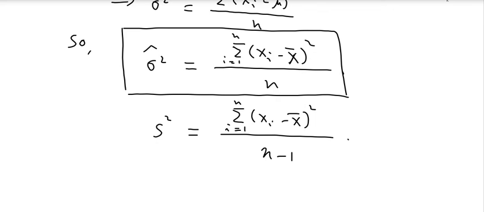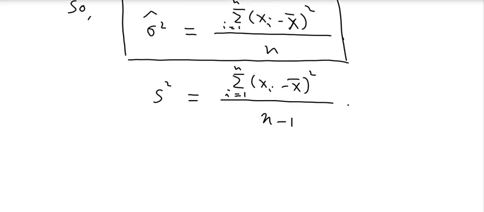So from MLE, we get the same summation, which should be divided by n. But our sample variance formula is divided by n minus 1. So we claim this is the sample variance, and we just use the sample variance to estimate the population variance.